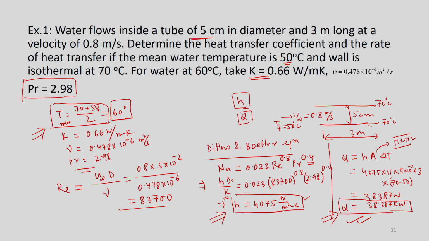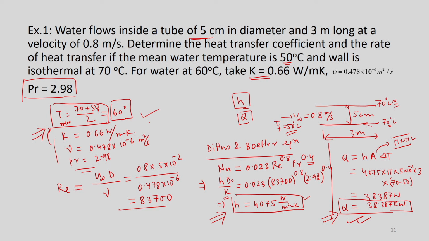If we maintain an isothermal condition in the tube at 70 degrees and the fluid inlet temperature is 50, then we need to calculate or record the data at the mean temperature. How do we calculate this mean temperature? This isothermal temperature is known to us, and plus 50, the fluid temperature, divided by 2 will give the mean temperature.